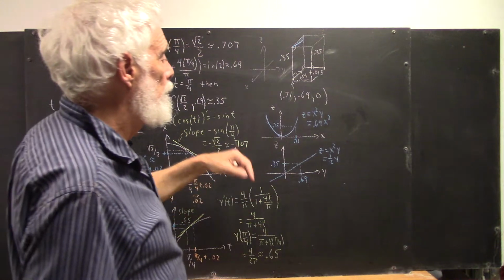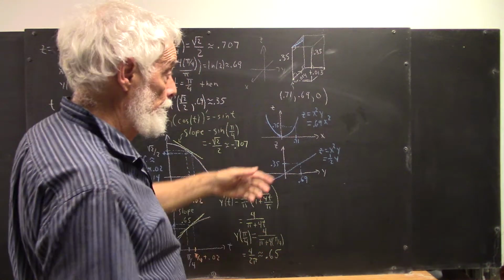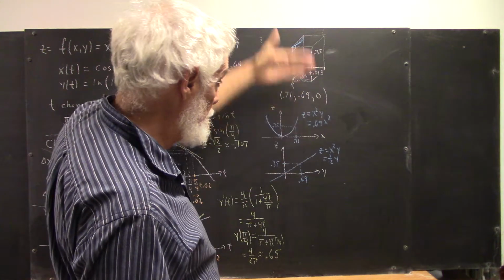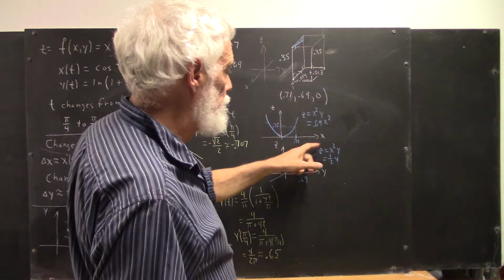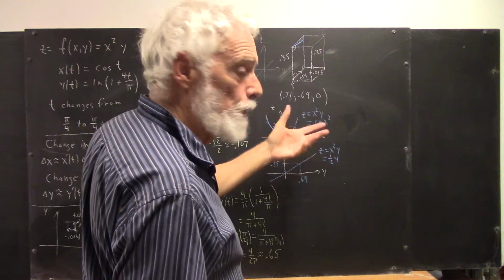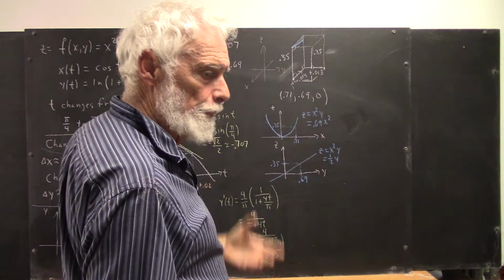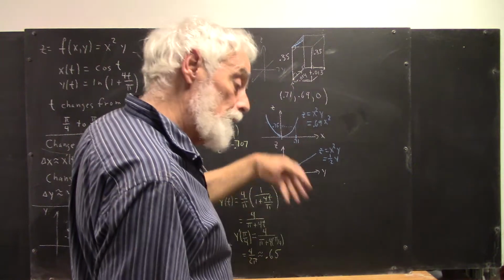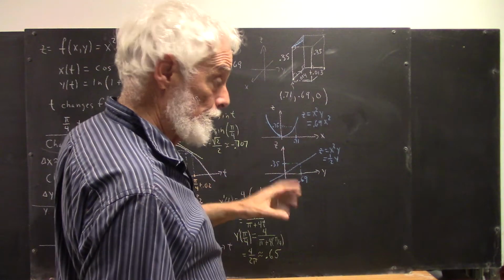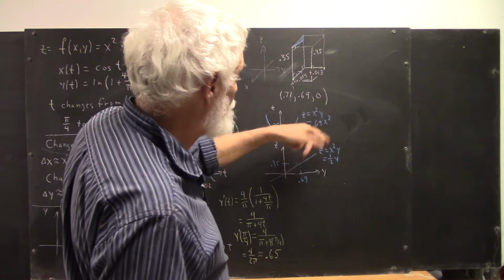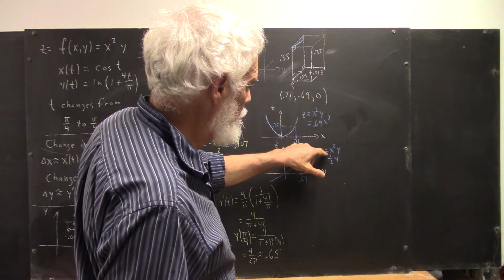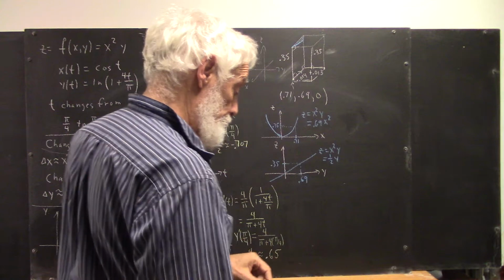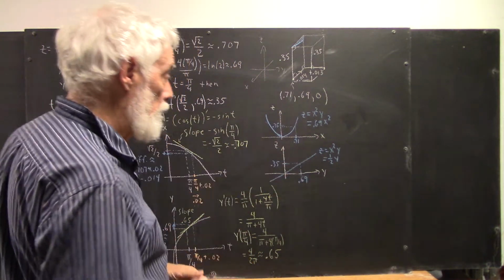Now in the yz plane, where x is confined to be 0.71, we get z equals x squared y, and x being 0.71, which is an approximation to the square root of 2 over 2. 0.71 squared is pretty close to 1/2, so x squared is going to be 1/2 times y. And the graph of that would look like this.